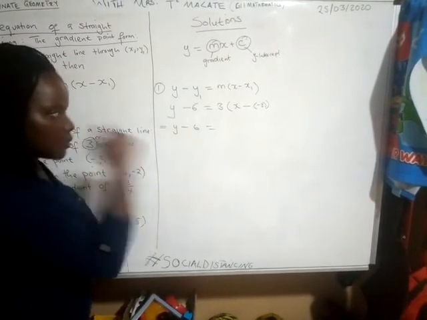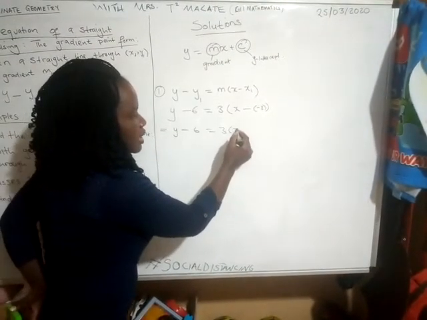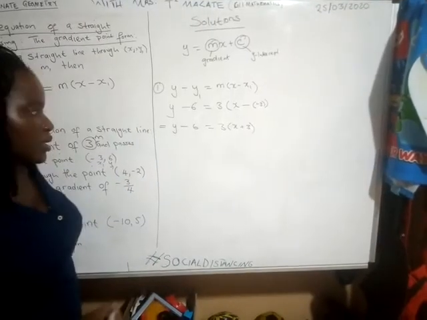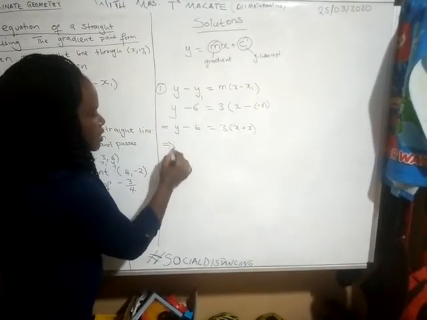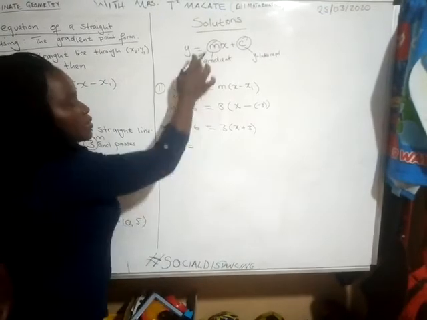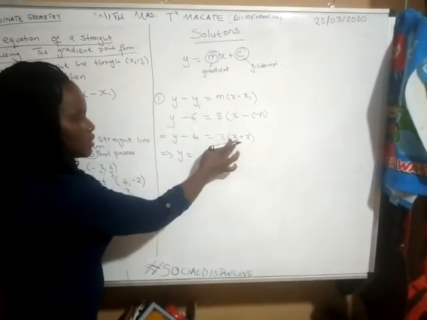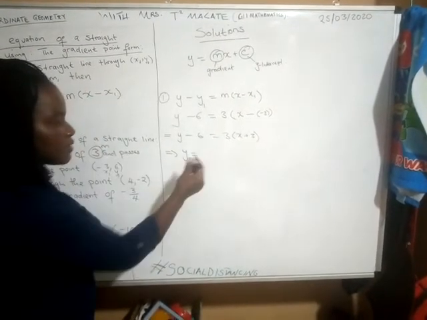So now what you have is 3x, and negative and negative will give us a positive 3. We have y remaining this side. Remember, we have to go to our general formula, which is y is equal to, so 3 times x will give us 3x.